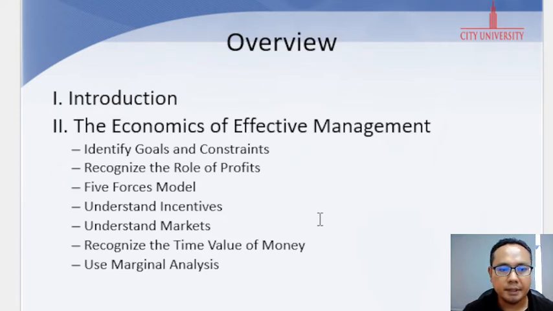The second point there that you have to focus on is a list of principles for managers to manage effectively from the perspective of economics. Some of you may have experience studying management or organizational administration, and there are a lot of principles for effective management.